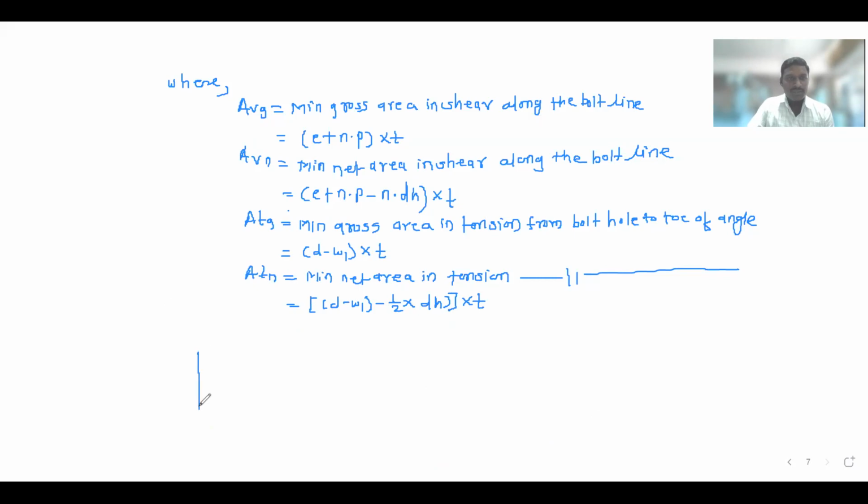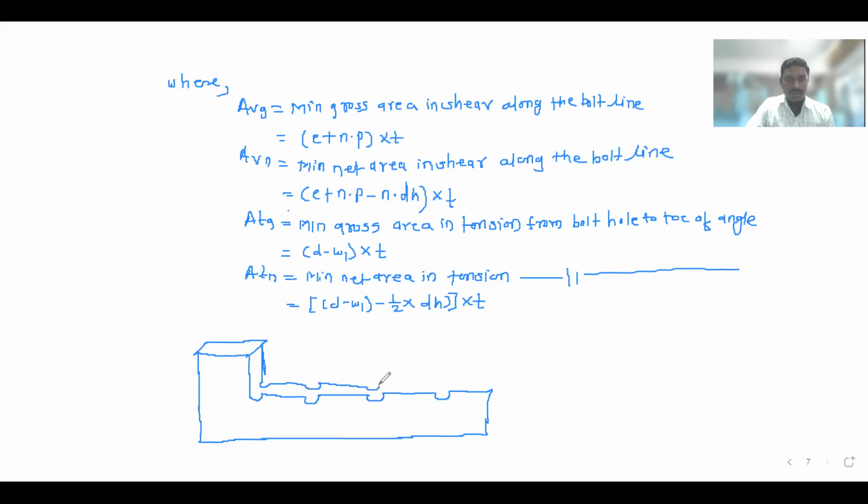So if you see here, this is your angle section, and block shear failure, how does it happen.